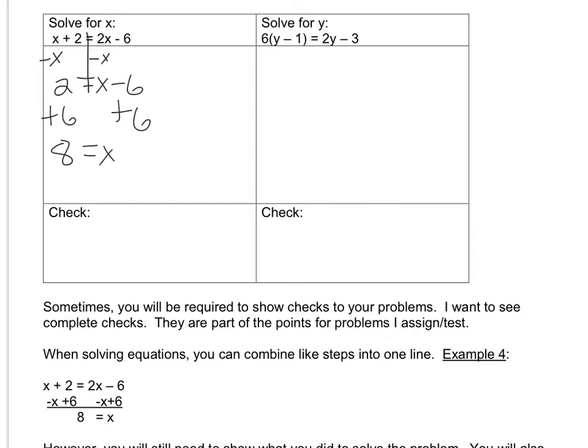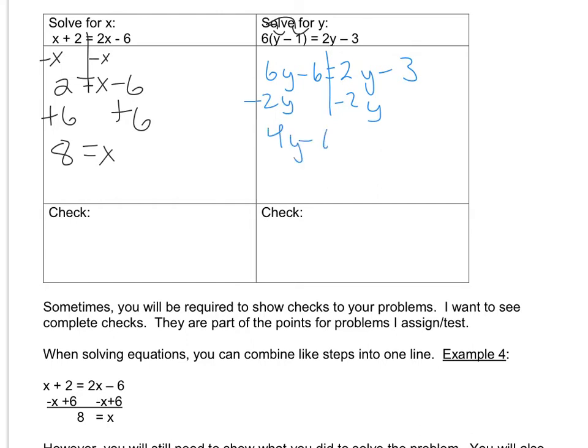So before I do anything here, I would distribute out. You do that, you get 6y minus 6 equals 2y minus 3. See, here the 6 is bigger than the 2. So I would subtract the 2y.